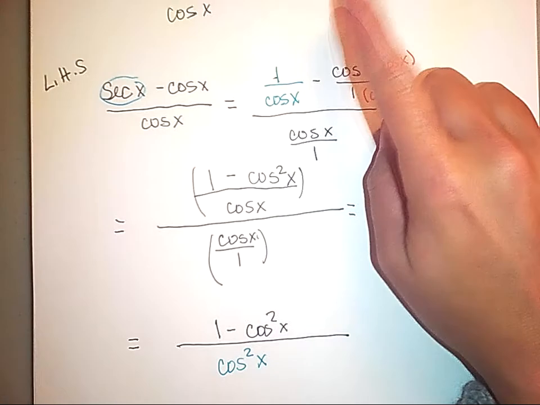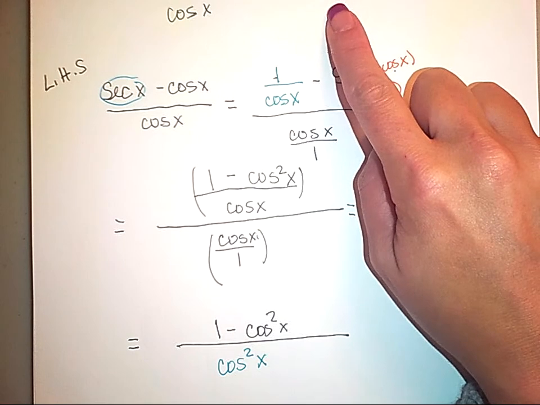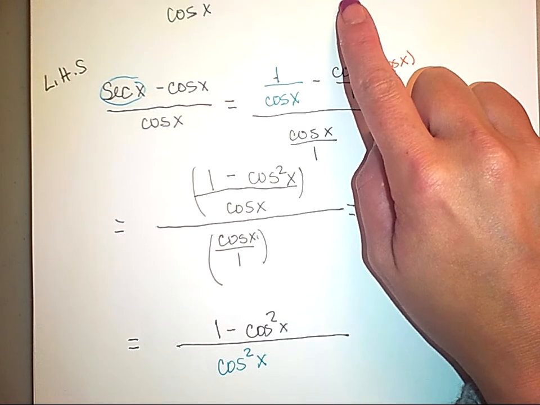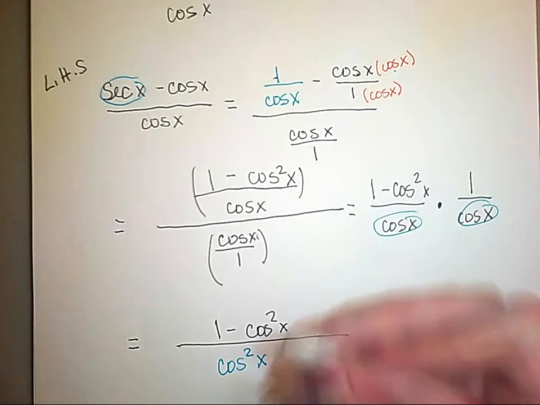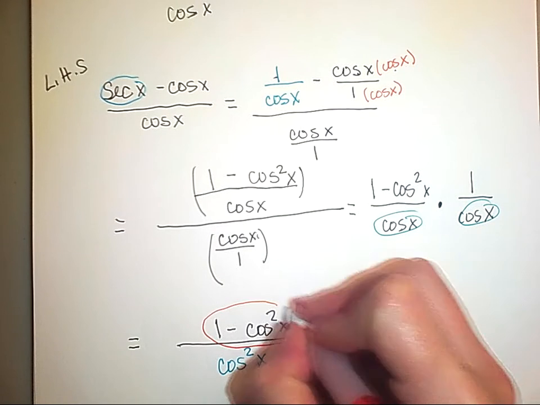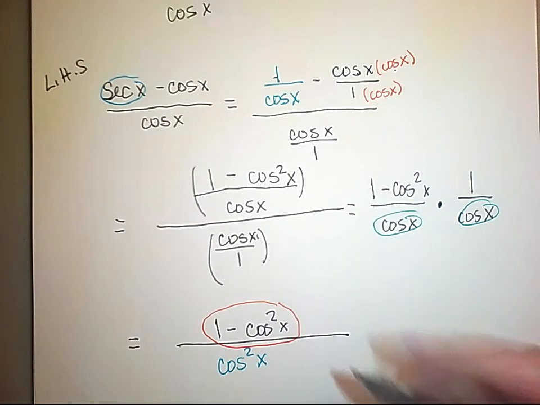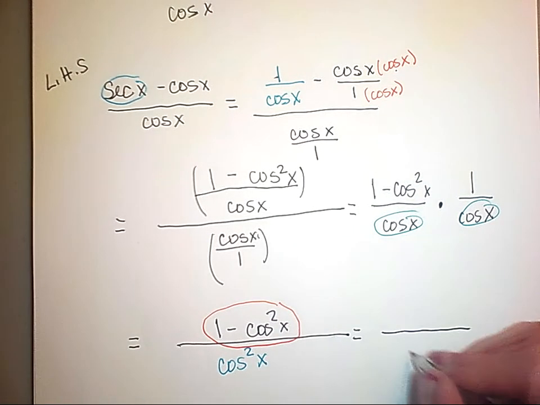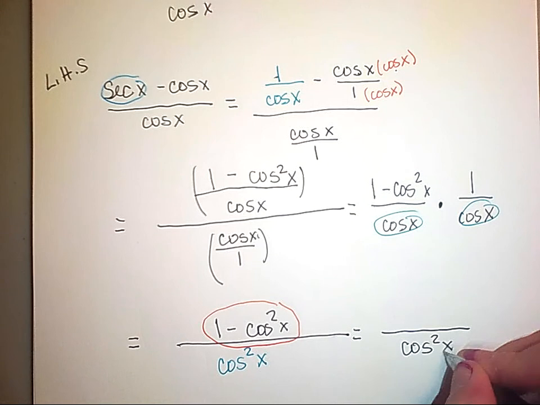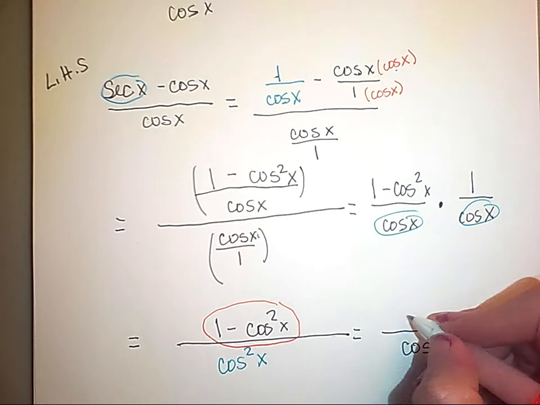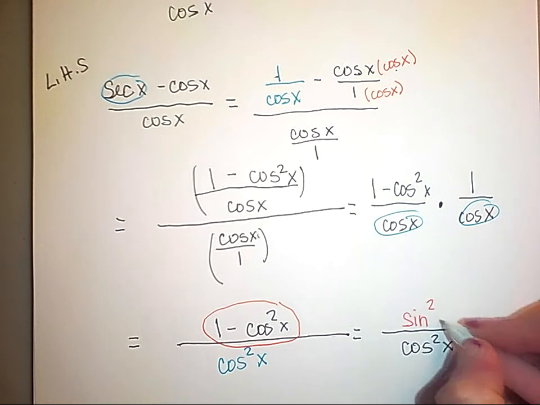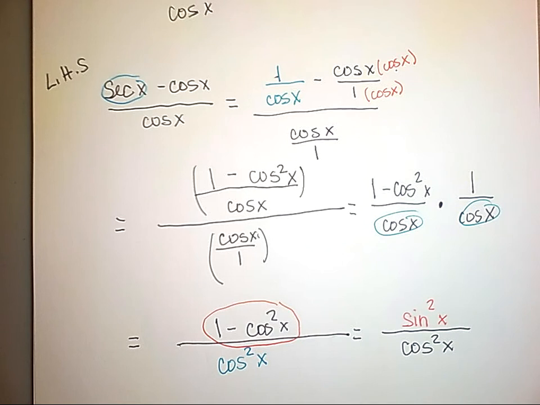Now remember where we're trying to get to. We're trying to get to tangent squared of x. Well, I know that 1 minus cosine squared, and I'm just copying the denominator now, is sine squared of x.